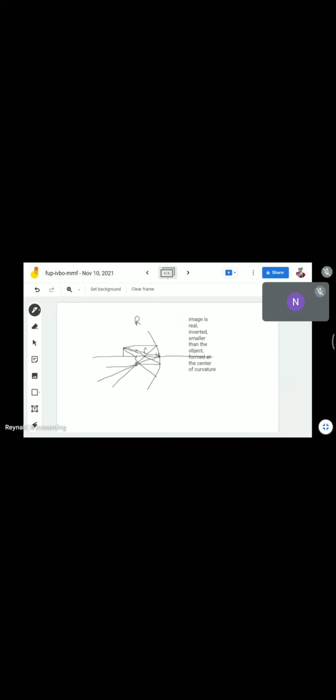Now, paano ko nasabing yung image is smaller than the real object? Kasi if we will look at the height, medyo mas maliit itong ating image. Now, paano ko naman nasabi na yung image ay na-form sa center of curvature? Kasi yung image o yung intersection ay nasa eksaktong katapat mismo ng center of curvature.